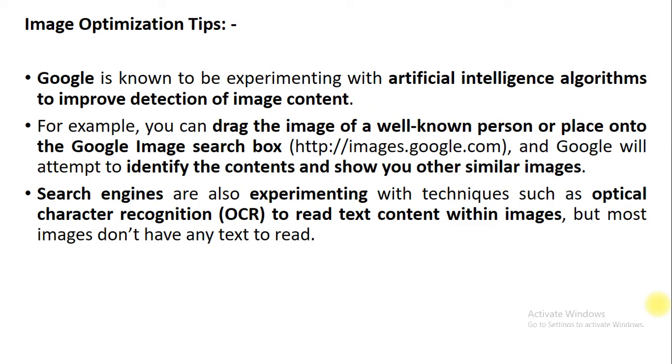Google nowadays has artificial intelligence algorithms which are based on the image. When you want to compare an image or anything, you just need to drag the image into the Google image search box using images.google.com, which can identify the contents of that particular image and show other similar images in front of you.